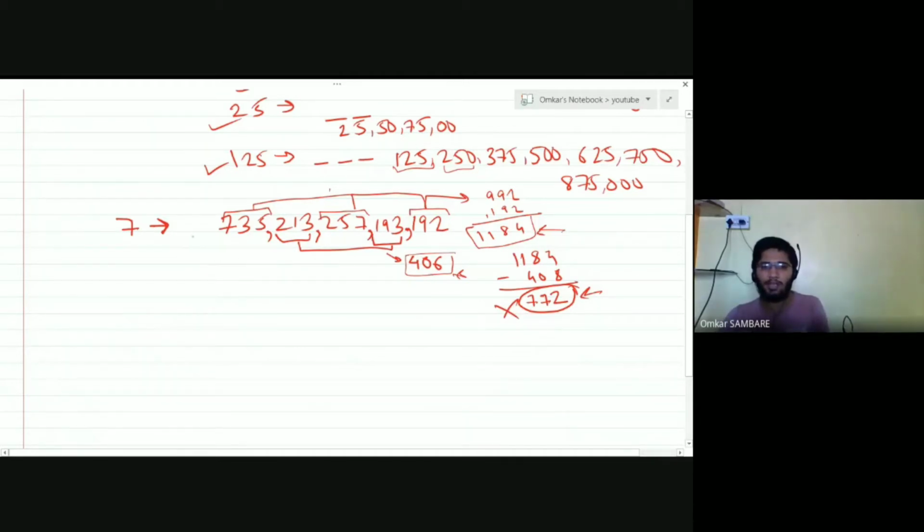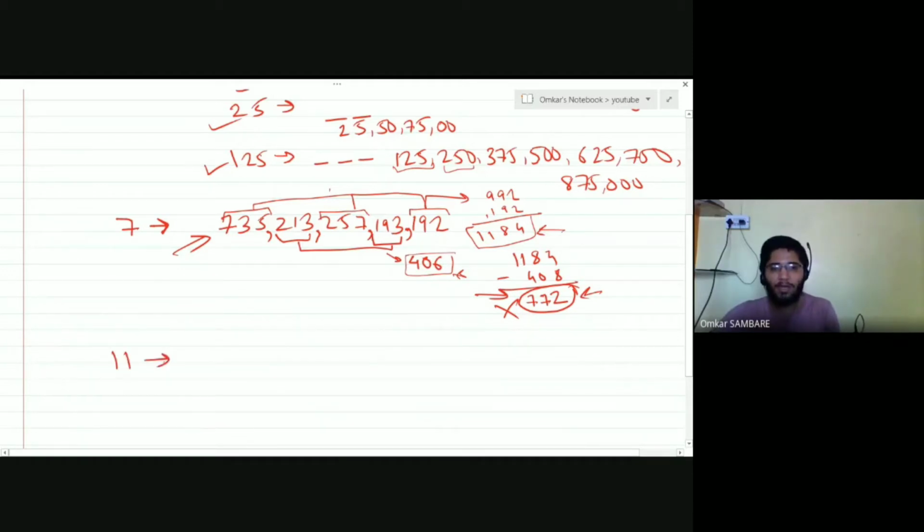So this whole large number, it will be 735 trillion 213 billion 257 million 193,192. This number is not divisible by 7, just because this 772, the difference of the additions of alternate groups, is not divisible by 7.